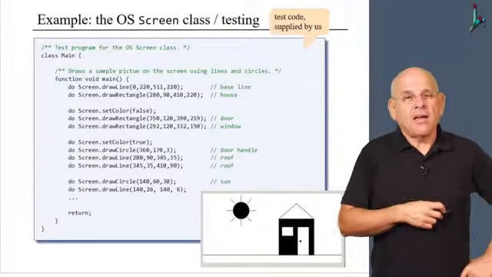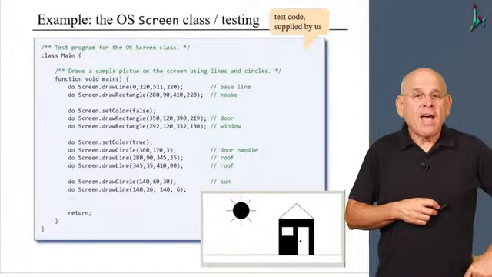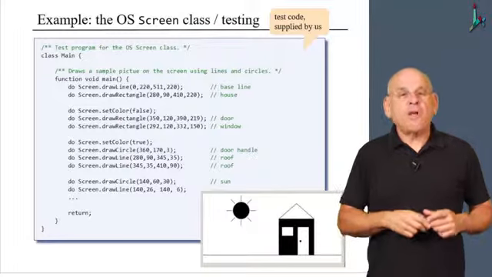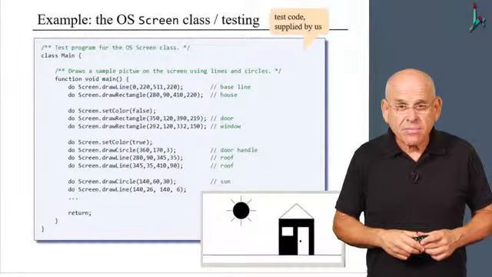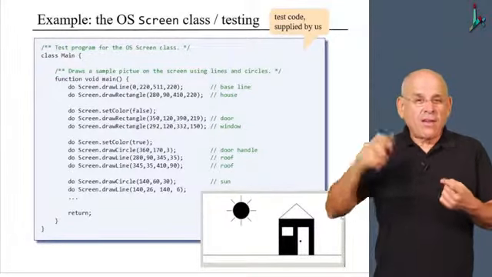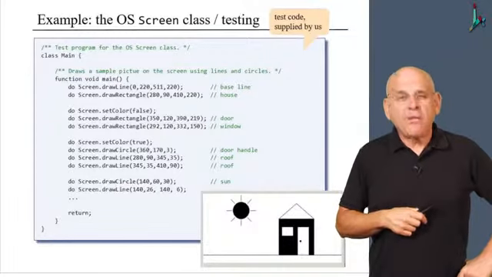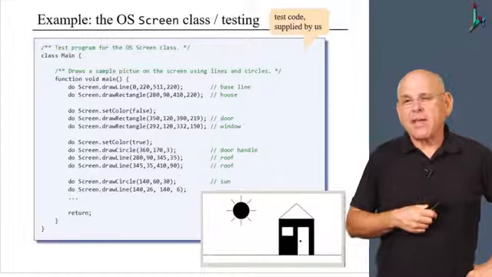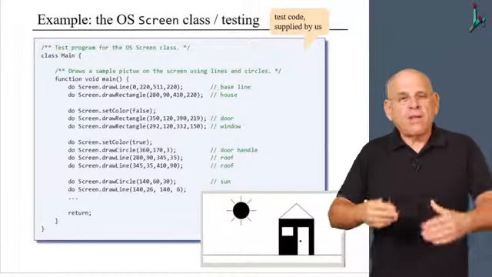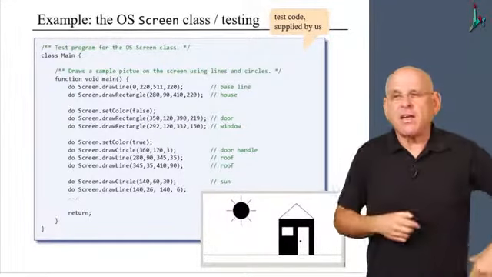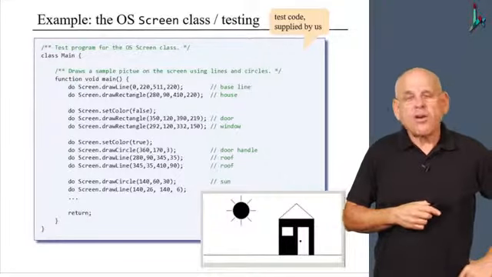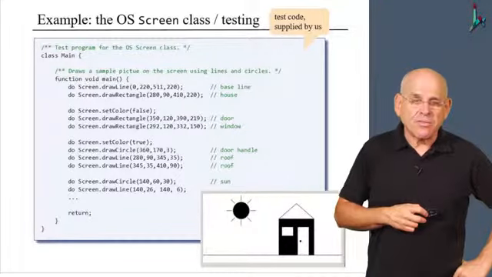Some simple picture, which is designed to demonstrate that your Screen class is well behaving. So we're going to provide the stub file and the test file, and it's your job to implement the stub file and bring it to a level that it can service the test file to your and our satisfaction.